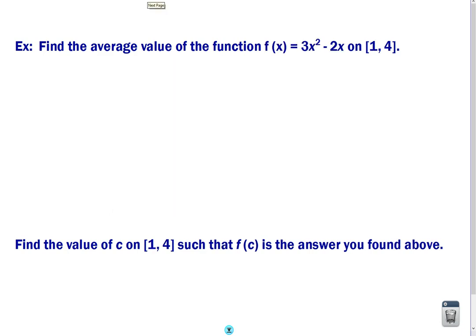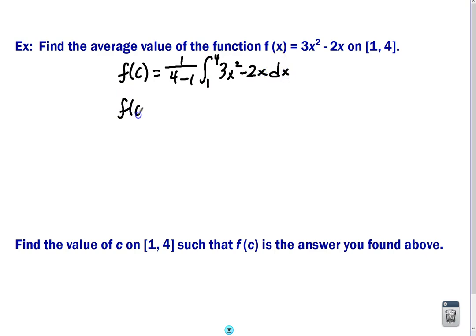Let's try another one. Find the average value of f of x equals 3x squared minus 2x on 1 to 4. I don't know that we've done that one yet today, so let's go ahead and work this one. f of c is equal to 1 over b minus a, which is 4 minus 1, times the integral from a to b of 3x squared minus 2x dx.